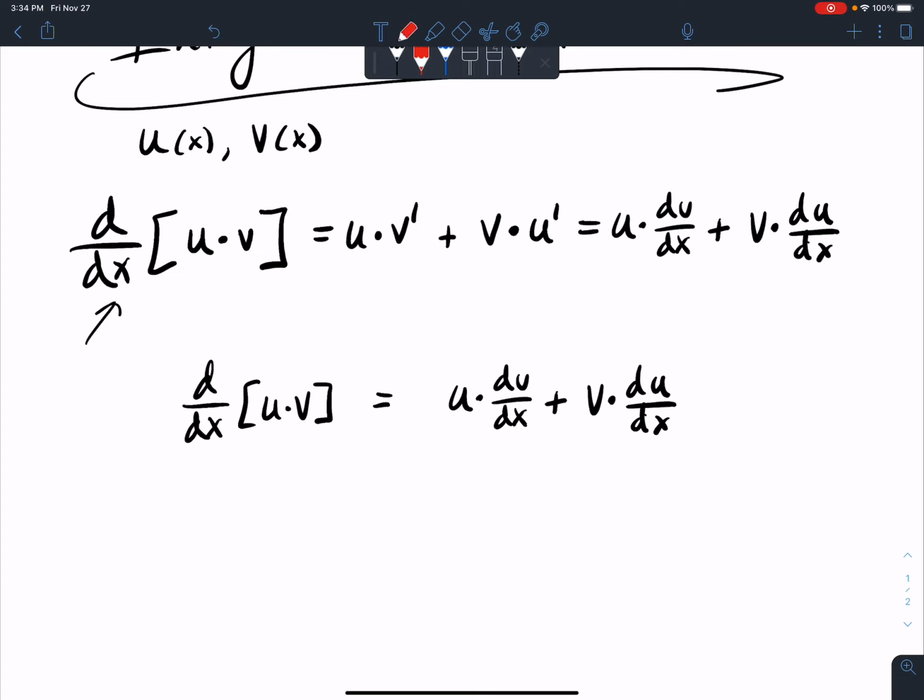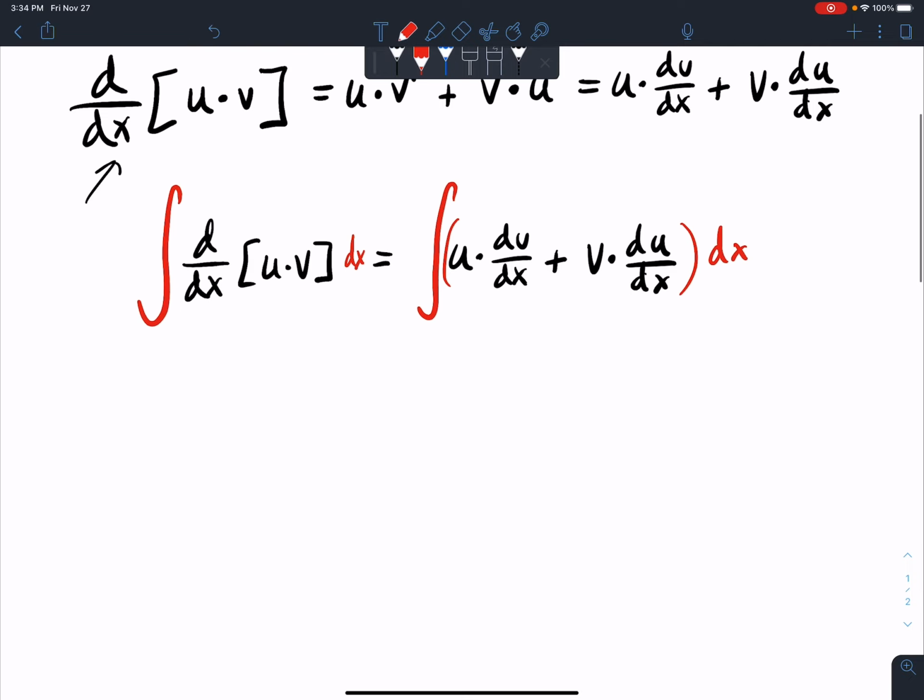And I'm going to integrate both sides with respect to x. Okay. And so when I integrate this with respect to x, these dx's cancel each other in a way. And I'm left with the integral of u dv plus v du.